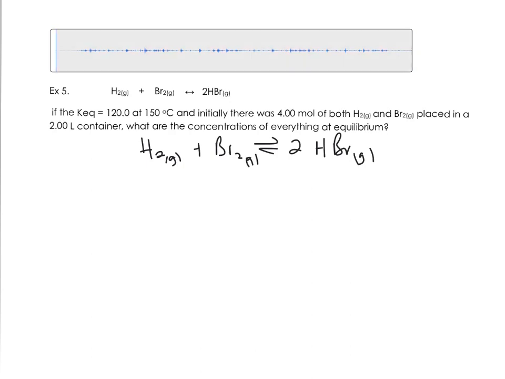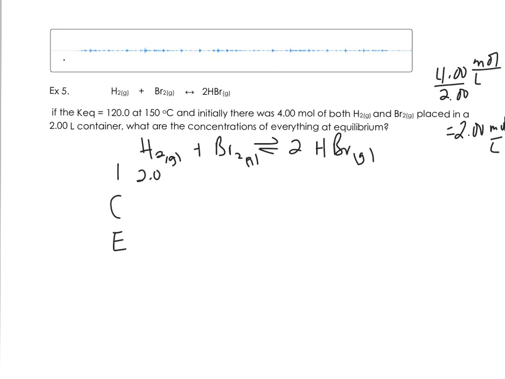All right, now what do we do? We set up an ice table. So initially we had 4 moles placed in a 2-liter container, so initially we have 2 moles per liter, right? 4 moles divided by 2 liters is equal to 2 moles per liter.